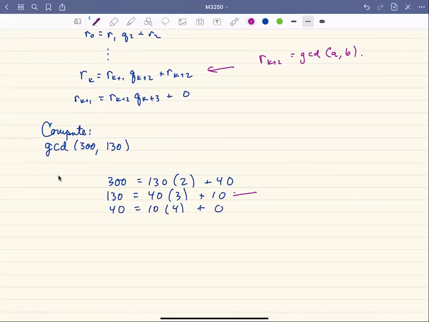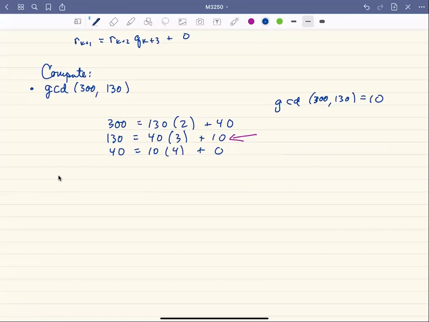And so it turns out that our last non-zero remainder, which is 10, is our GCD. So the GCD of 300 and 130 was 10, as we said. This is a very quick, very efficient algorithm.